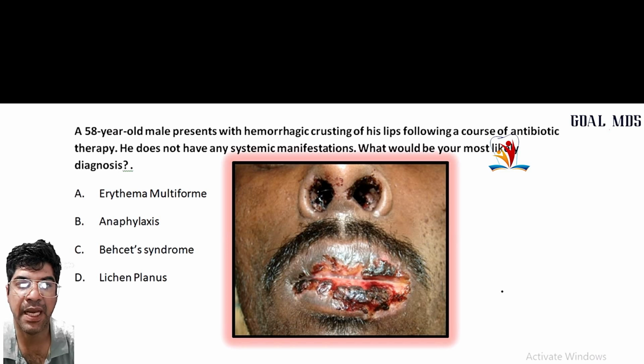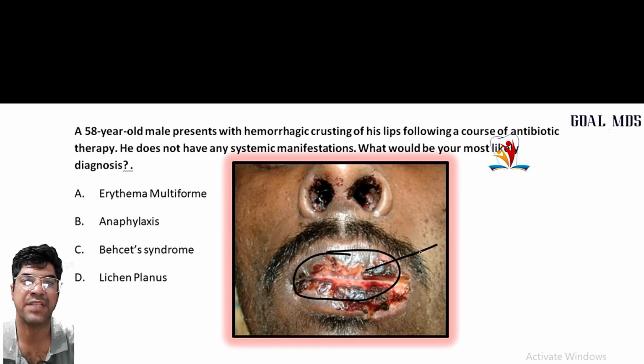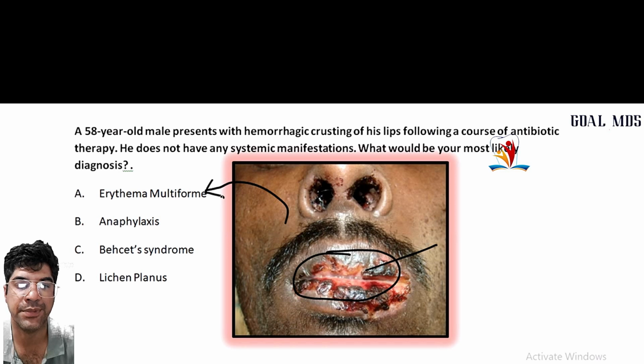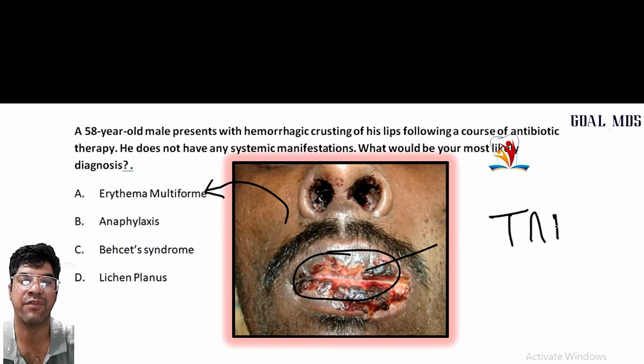A 58-year-old male presents with a hemorrhagic crusting of his lips following a course of antibiotic therapy. So he does not have any systemic manifestation. You can clearly see these are the hemorrhagic crusting that would appear on the lips. So that is a characteristic feature of erythema multiforme.